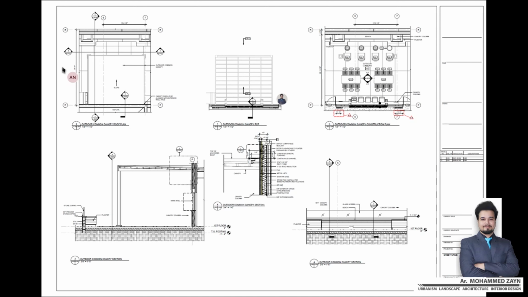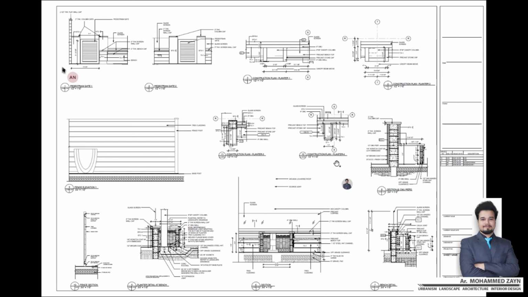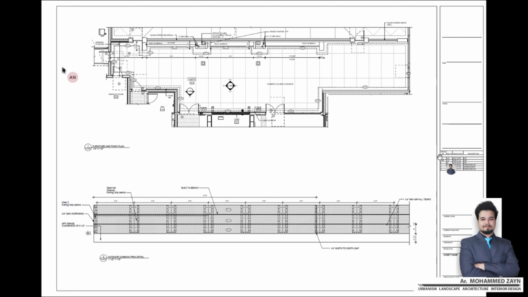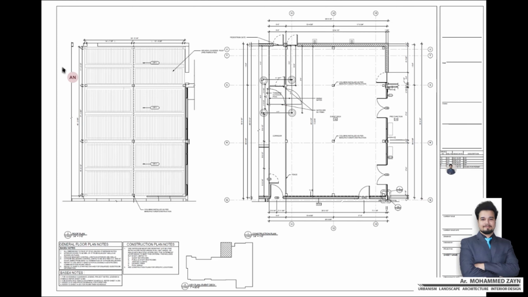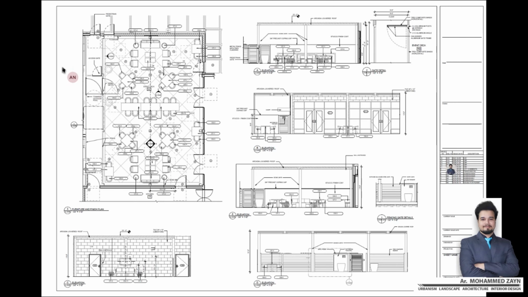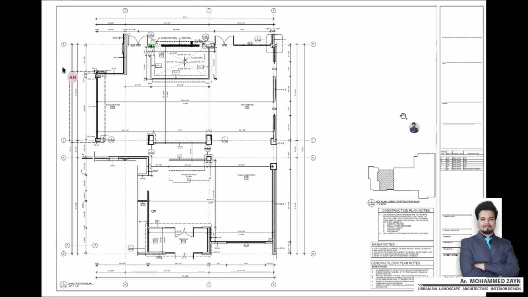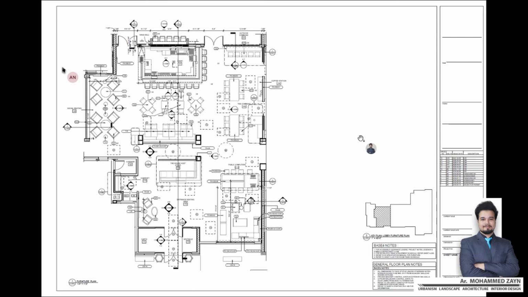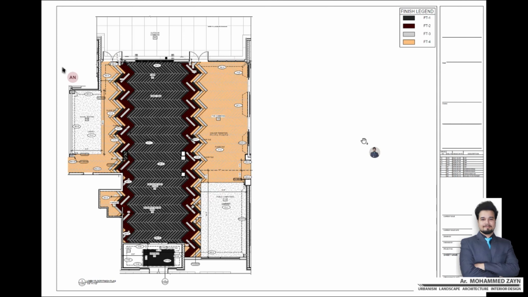As the PDF moves forward, you'll see the enlarged plans, as I explained earlier, for each and every space in here. So you see enlarged details, enlarged elevations, and you'll see all the details that you require when you're constructing a particular space, be it lobbies, be it your bar areas or anything else. So we'll just go through these sheets once and understand how the construction plans are made, how the furniture layouts are placed, how the finished plans are made.